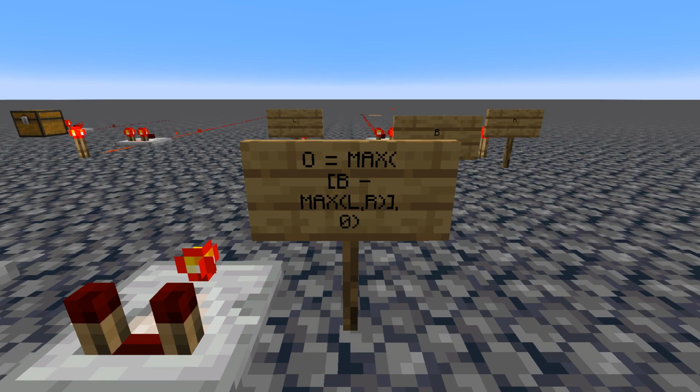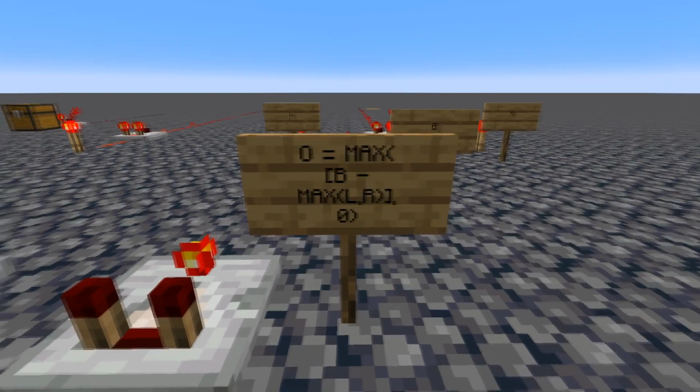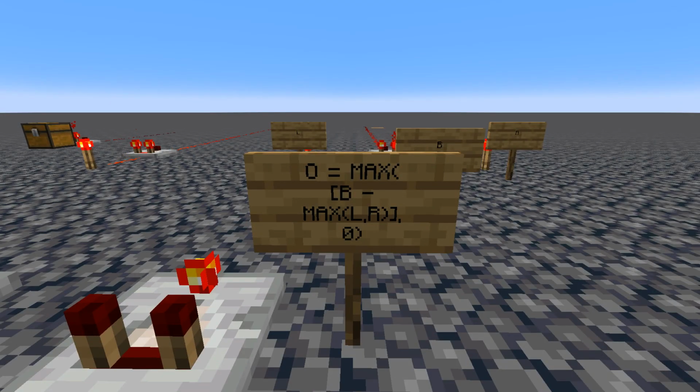That's a pretty simple mathematical operation. All it does is it takes two terms that's been given to it, and it literally picks the bigger of the two. If both are the same value, obviously it doesn't matter which it picks, but make sure you are aware that's what is being used in this formula.